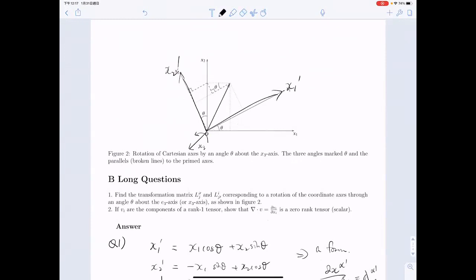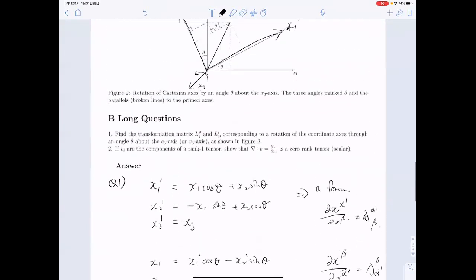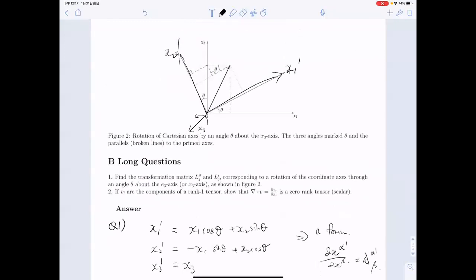And another thing is how the x2 is represented. Let's say I just write down a trivial x2, and we know that we can project to x2 prime and also x1 prime.